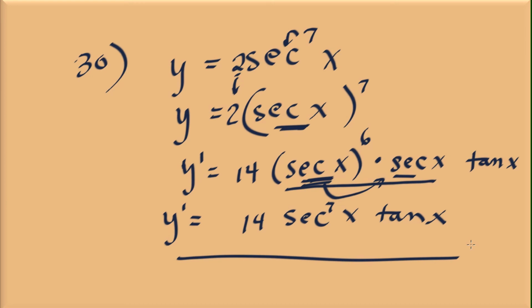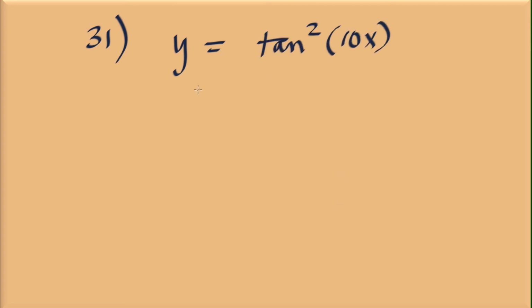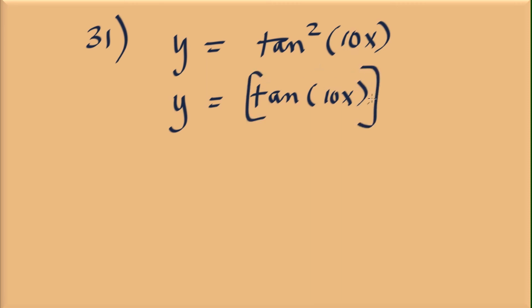All right, let's look at the last 3 examples. Say 31. How about if we have tangent squared of 10x? Again, rename that into tangent of 10x, and then everything squared.